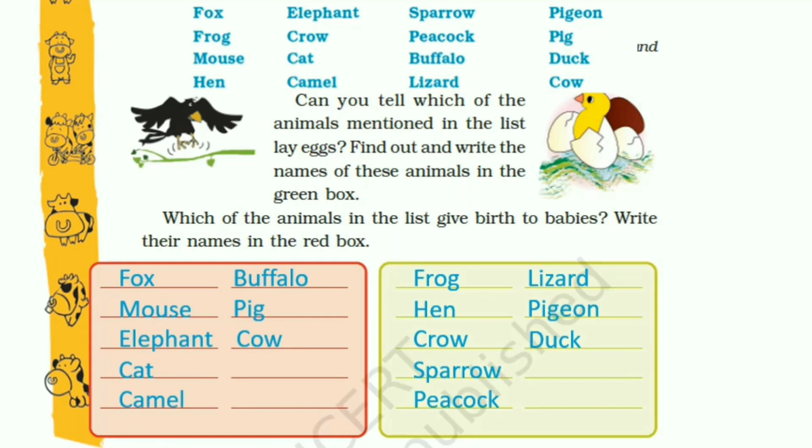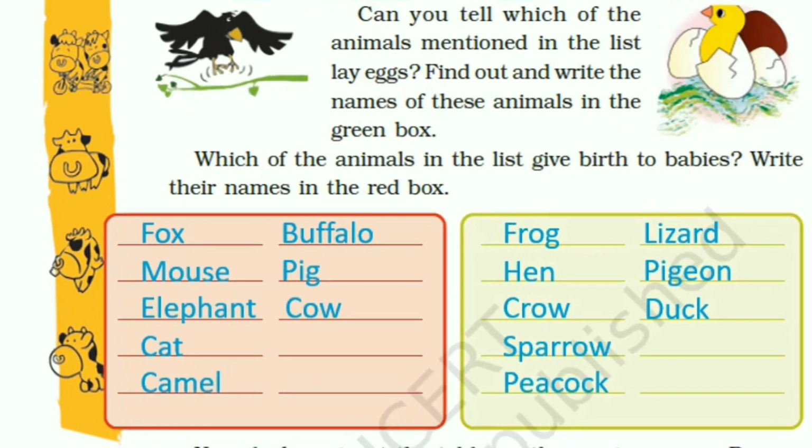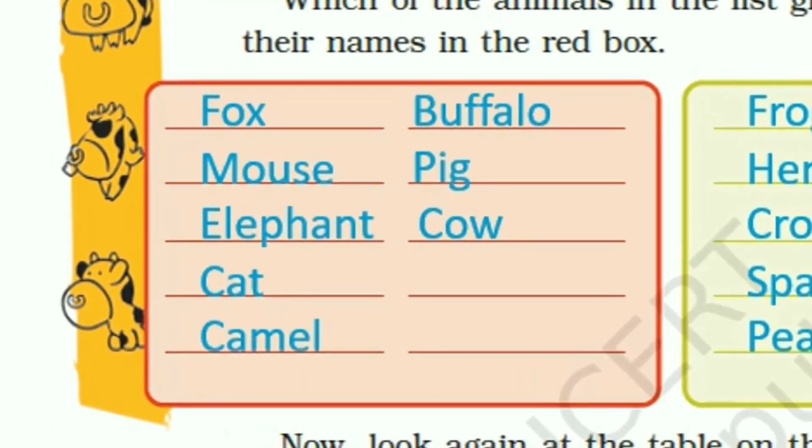In the red box, there are animals which give birth to babies, and in the green box, there are the names of the animals which lay eggs. So, in the red box: fox, mouse, elephant, cat, camel, buffalo, pig, cow.